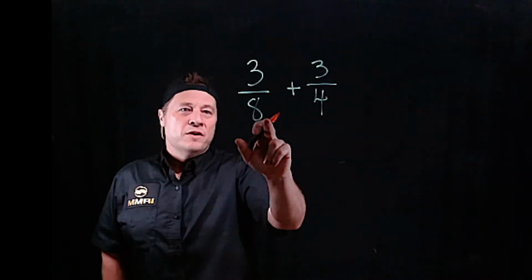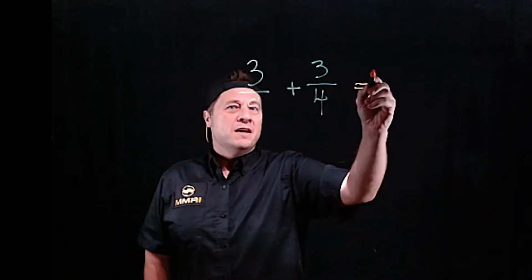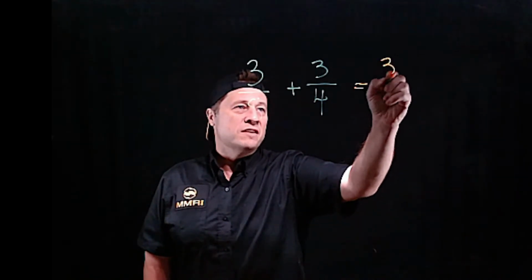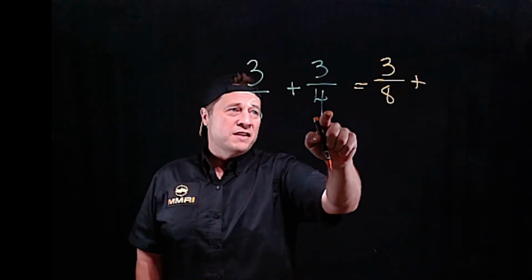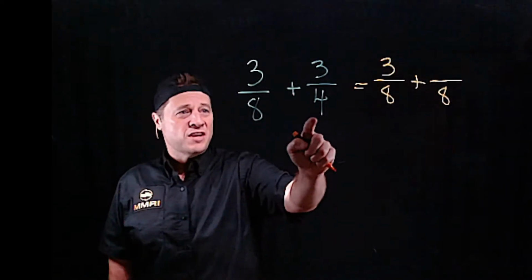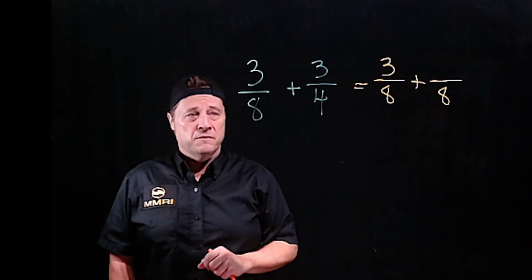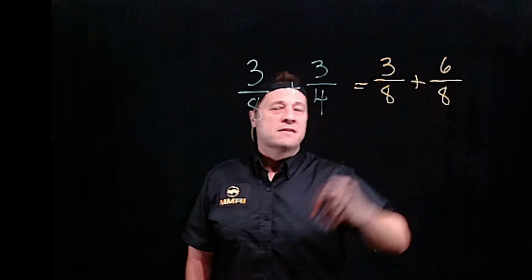So 8 goes into itself once, so we can rewrite this fraction. 3/8 is still 3/8, plus 4 goes into 8 twice, so we change this to an 8. 4 times 2 is 8. Whatever we do to the bottom, we do to the top. So if 4 times 2 is 8, then 3 times 2 is 6.